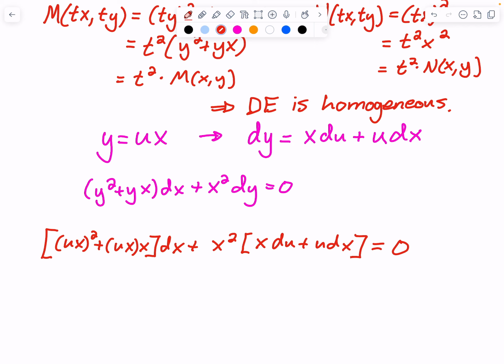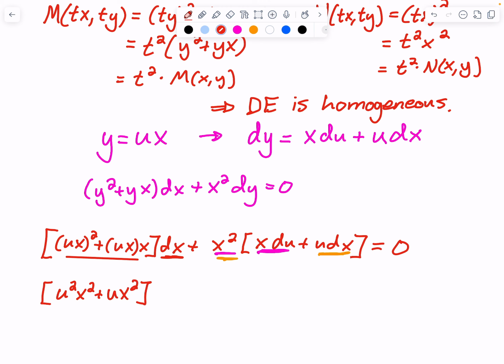All right. Notice everything here is with the dx. I'm going to leave that alone for a minute, and then I'm going to color code. This will go here with du, but it will also go here with the dx. So if I put together all the dx's, I'm just going to do it in one. Let's multiply things together: u squared x squared, plus u x squared dx.